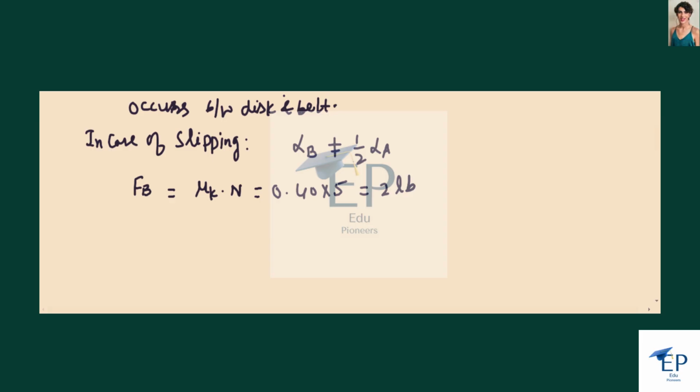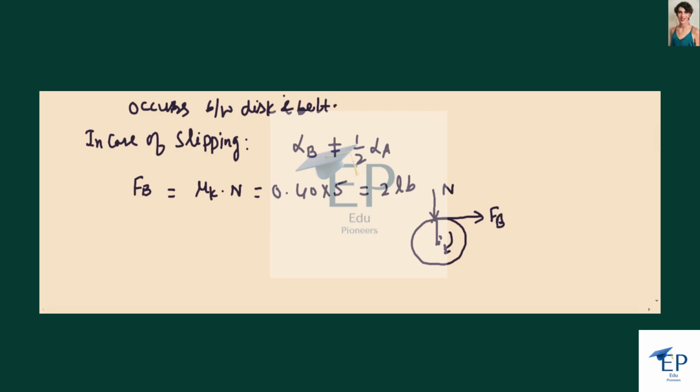So for disc B, you can see Fb, this is normal reaction.